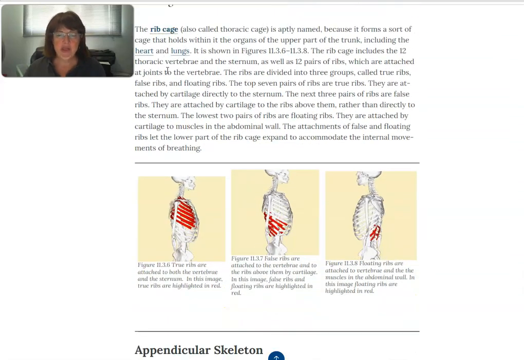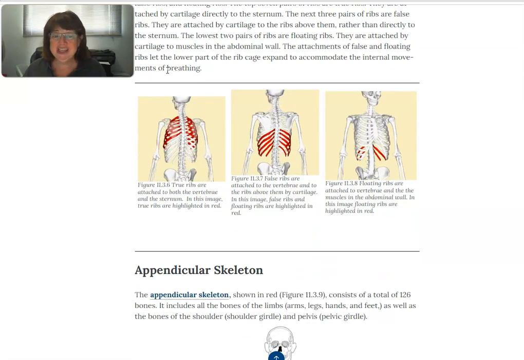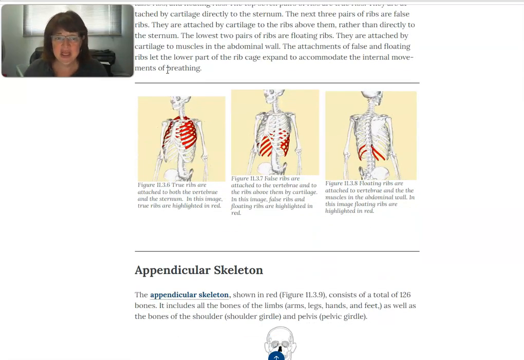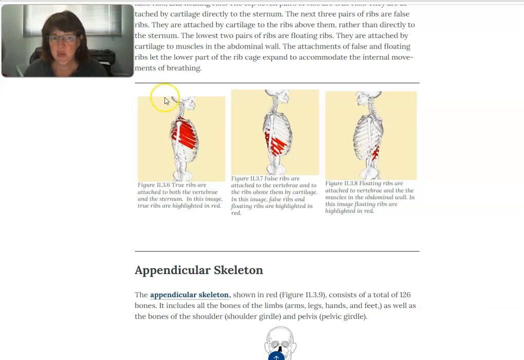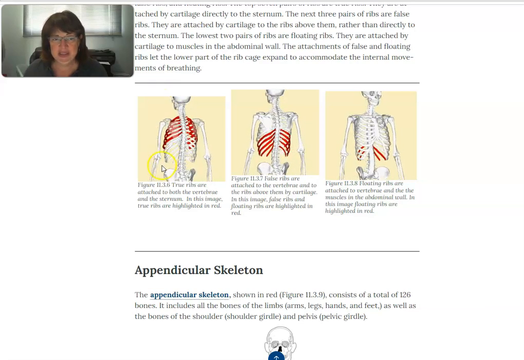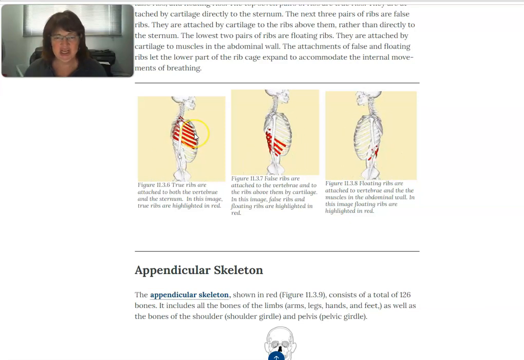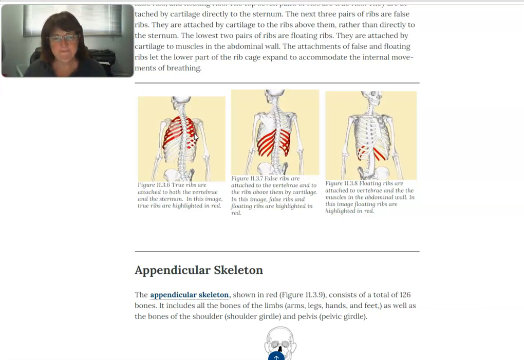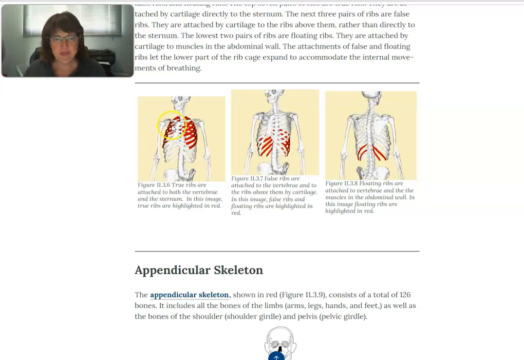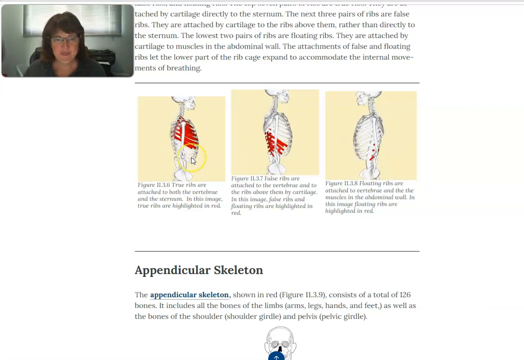Good. When we look at the rib cage, there are 3 different types of ribs. There are true ribs, which if you look at them when they spin here, you will see that each true rib has its own little connection to the sternum or the breastbone here, the breastplate.